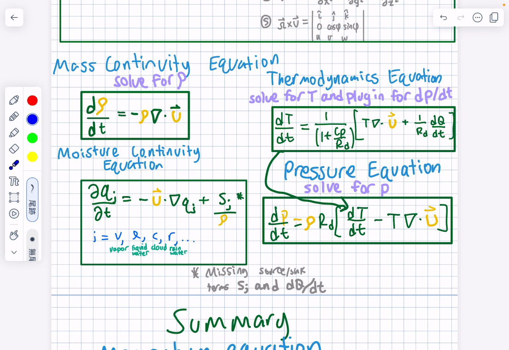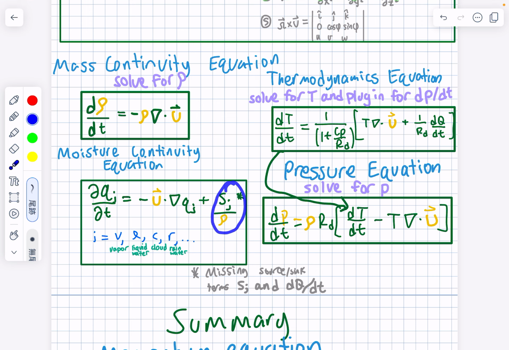Additionally, the temperature term itself and dq/dt are going to be affected by the release of latent heat and other processes like diffusion from the source term, from this Q. This is why currently weather models are a little bit off, very off in some cases, from the reality of a storm, because we need to improve this term.